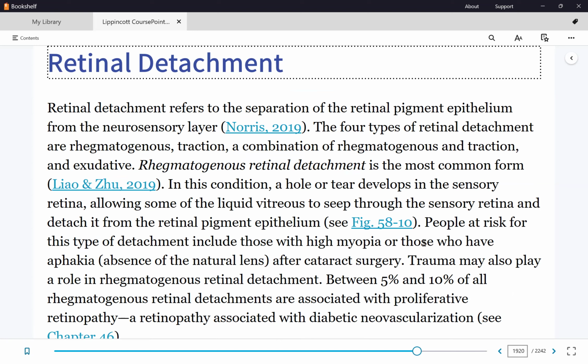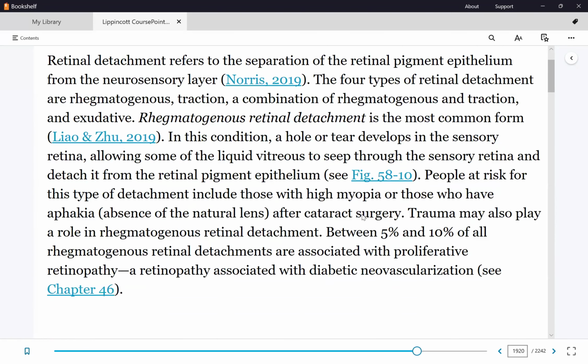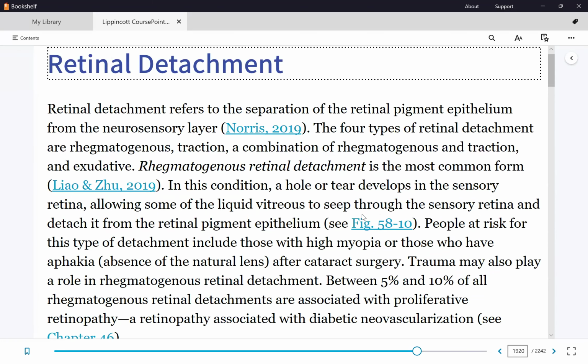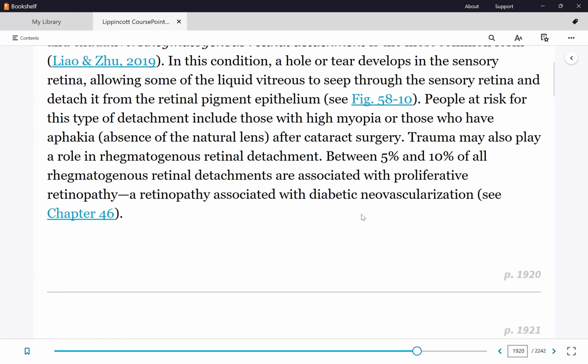So the trauma could be you hit your head pretty hard on, let's say, a cabinet or whatever you were doing under the table. That can be enough to cause retinal detachment. Surgery is included here, including cataract surgery or any other eye surgery that can cause the retina to detach.